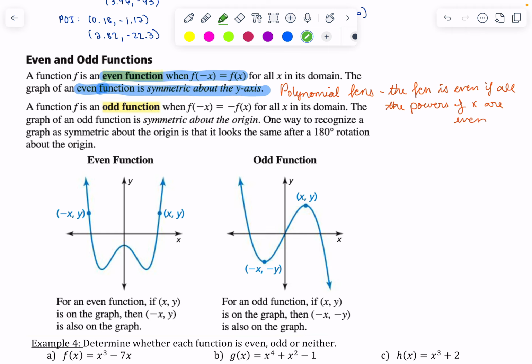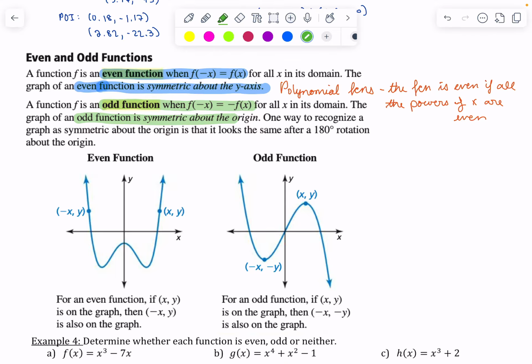Okay, then a function is odd if f of negative x produces the same thing as negative f of x. What that means graphically is that it's symmetric about the origin. So it will look the same after you rotate it 180 degrees about the origin.